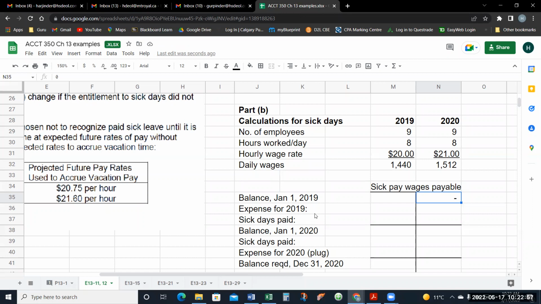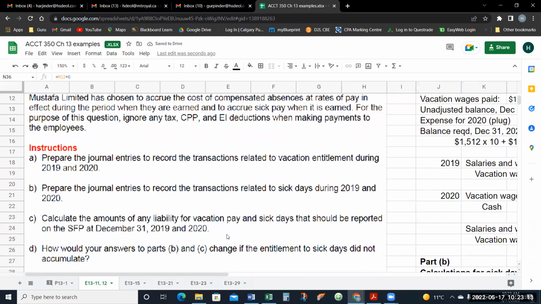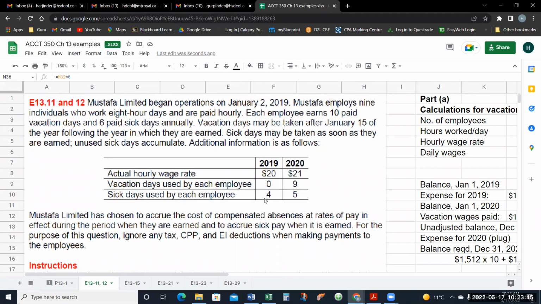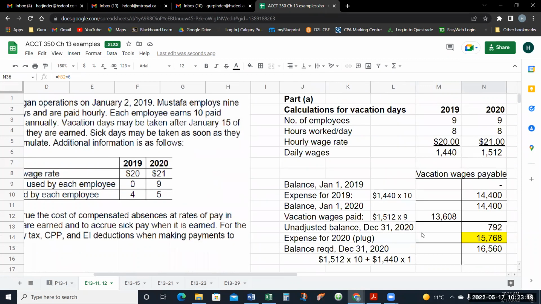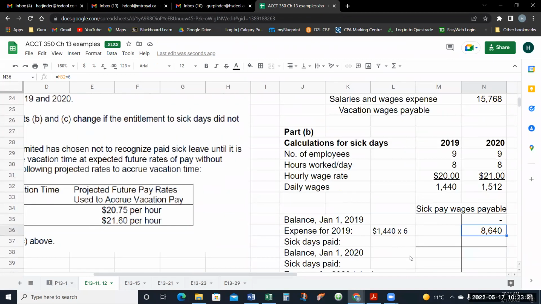Now, the expense for the year 2019 would be calculated as $1,440 times 6 days that the employees are entitled to. And that gives us 8,640. Now, guess what? The employees actually did take some sick days in 2019. It's 4 days. So we would have paid our employees for 4 days of sick leave.